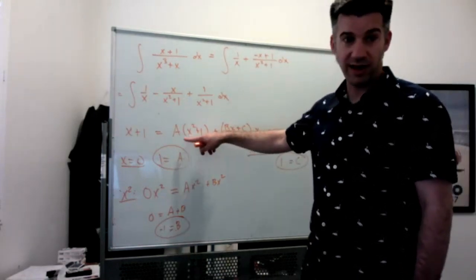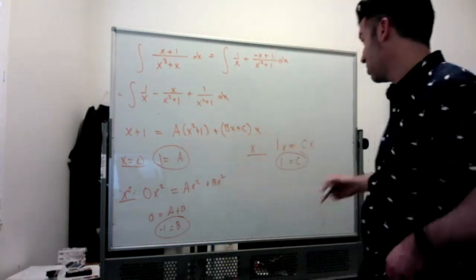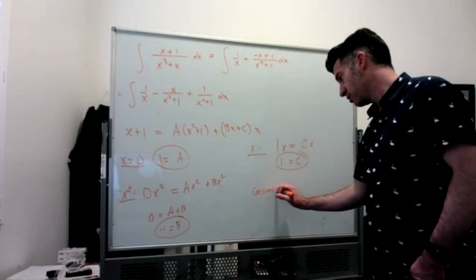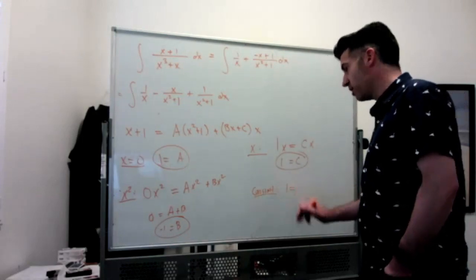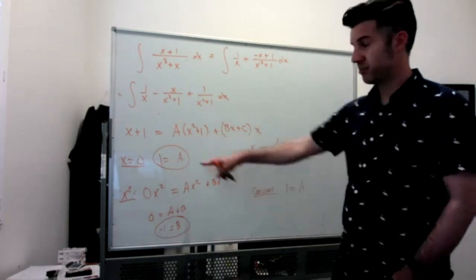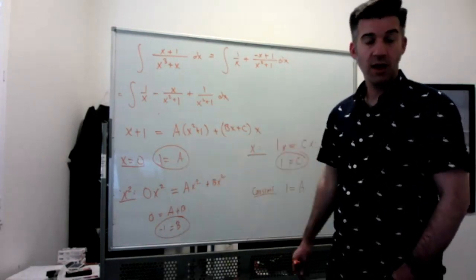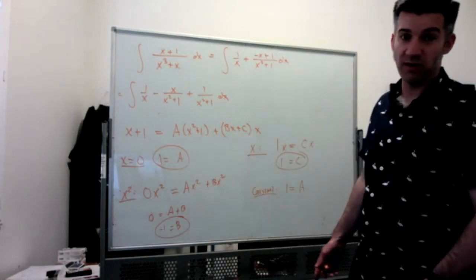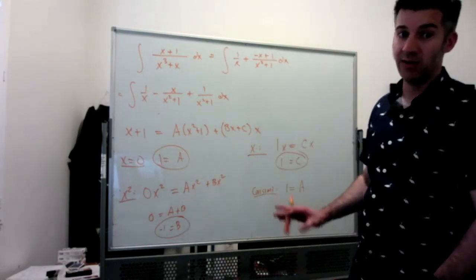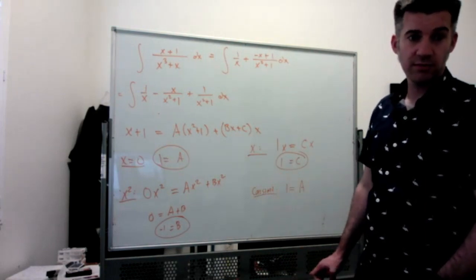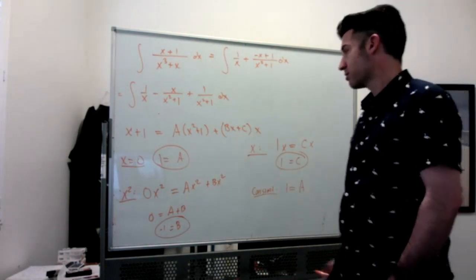This is 0 here, and I get a times 1. So you totally could say the constant term on the left is 1, and on the right is a times 1. And you do use that sometimes if you don't have x being 0 as one of your convenient values. But it is literally the same as x equaling 0 being one of your convenient values. Okay, yeah, that makes sense.